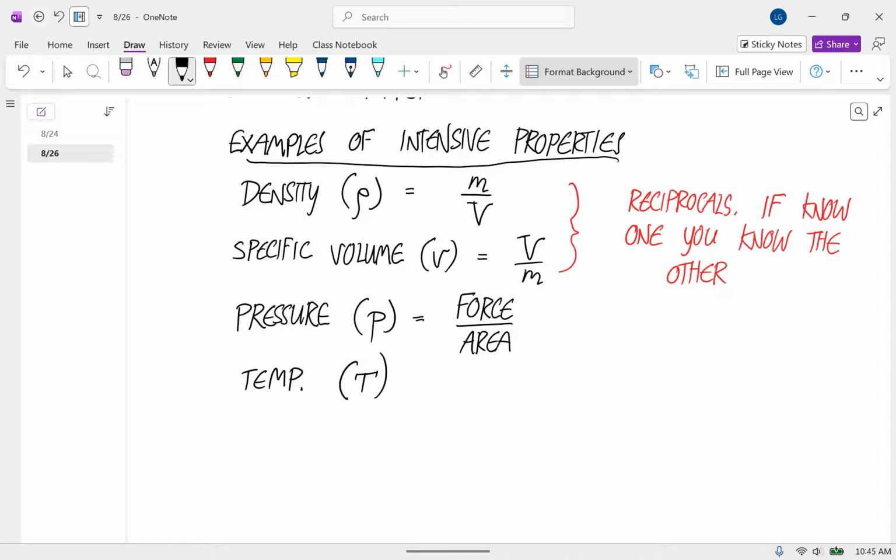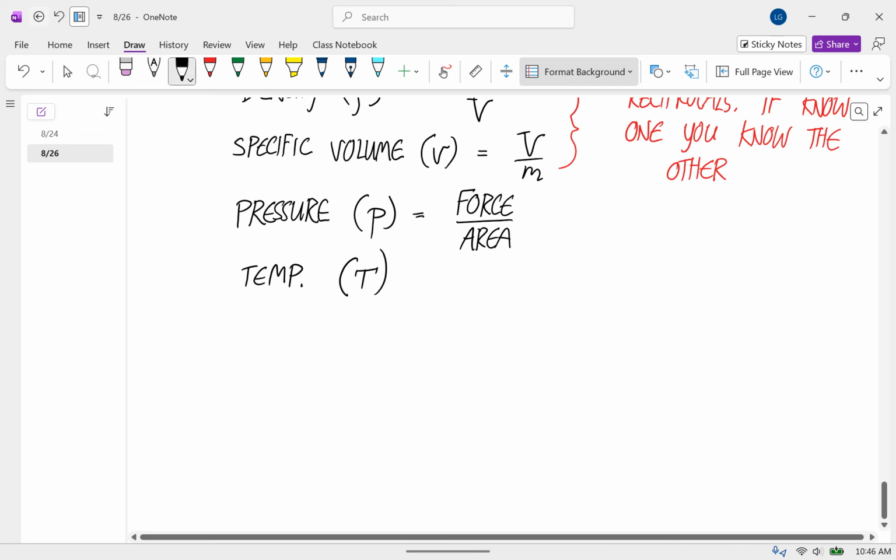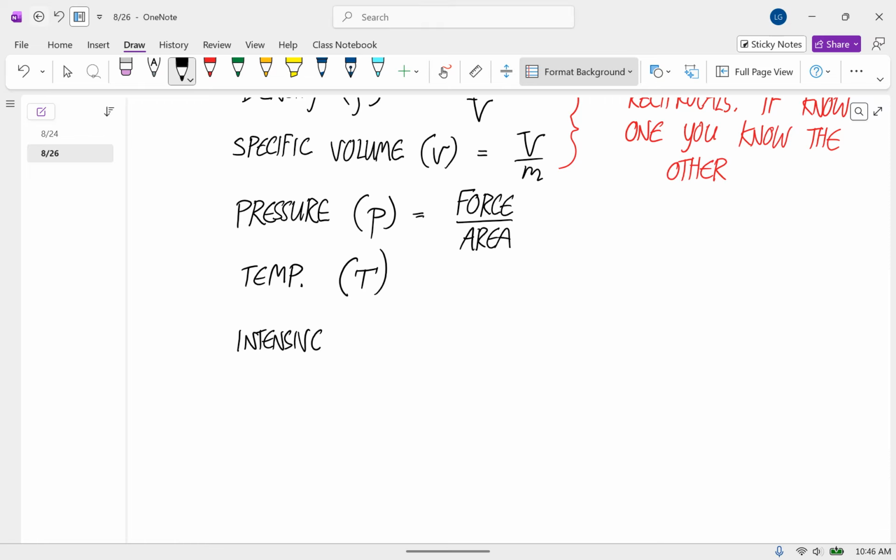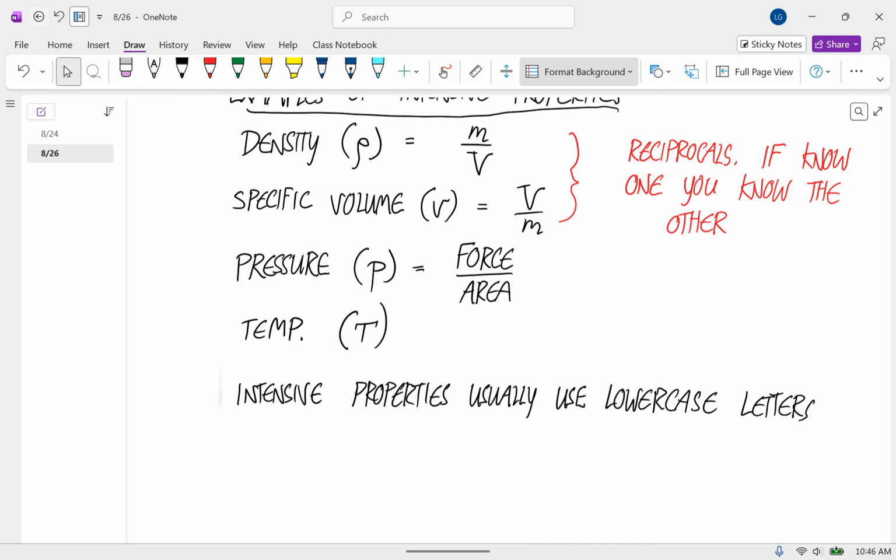I'll just leave it like this. We're going to just think of temperature as something you measure with a thermometer. Intensive properties usually use lowercase letters. The most important exception to that is temperature.